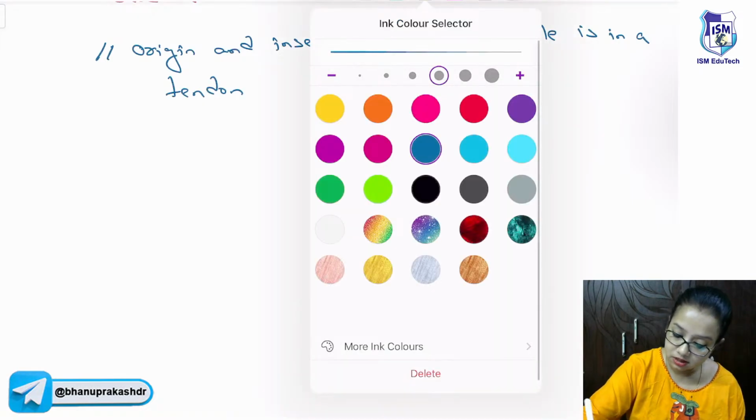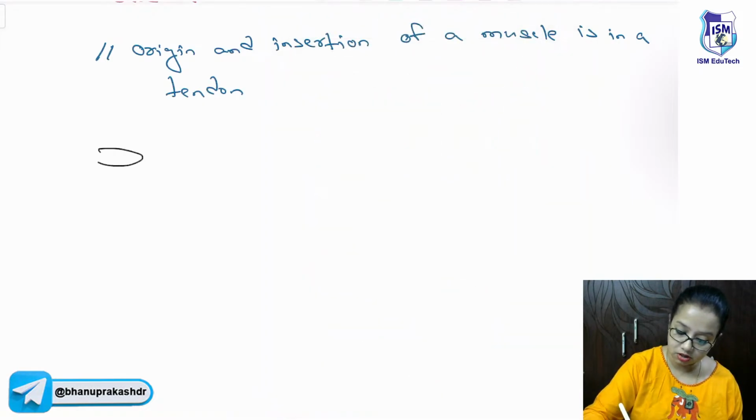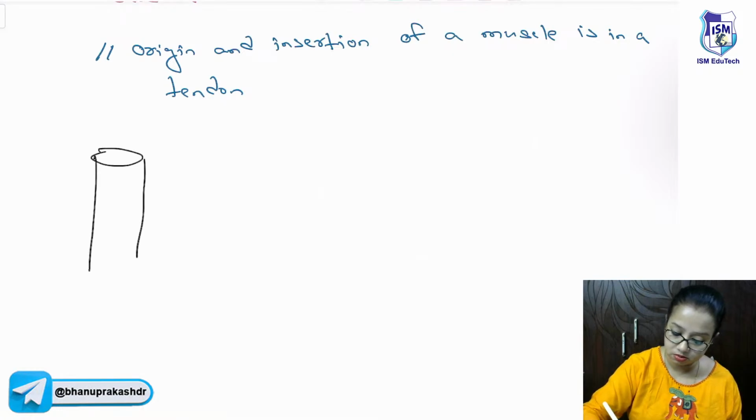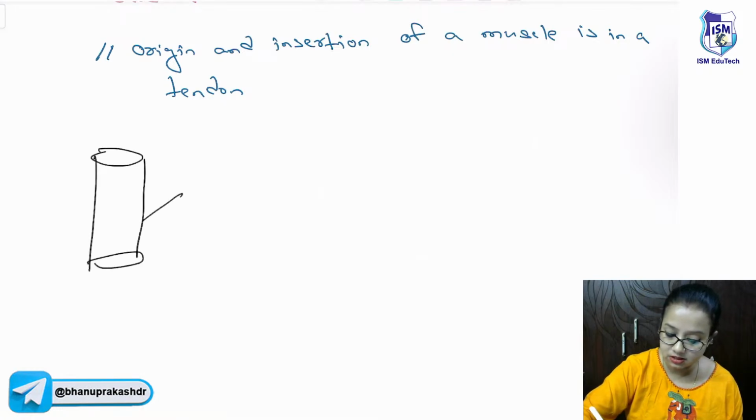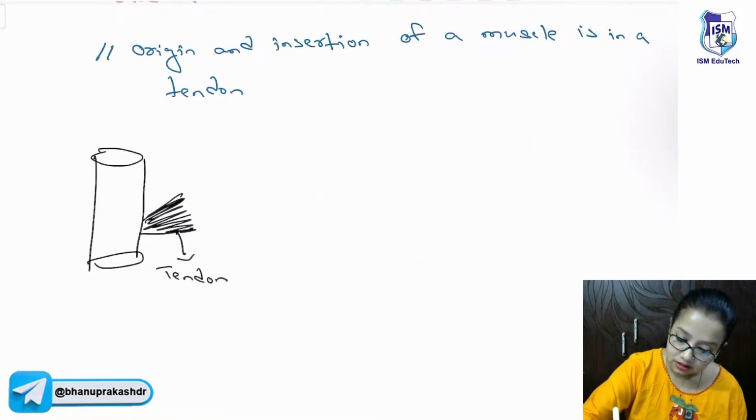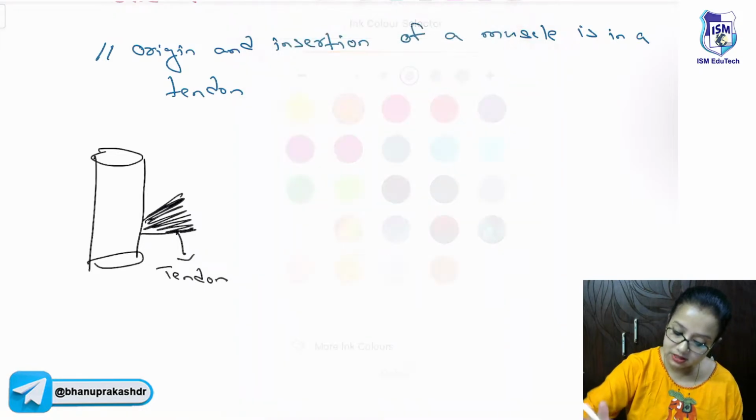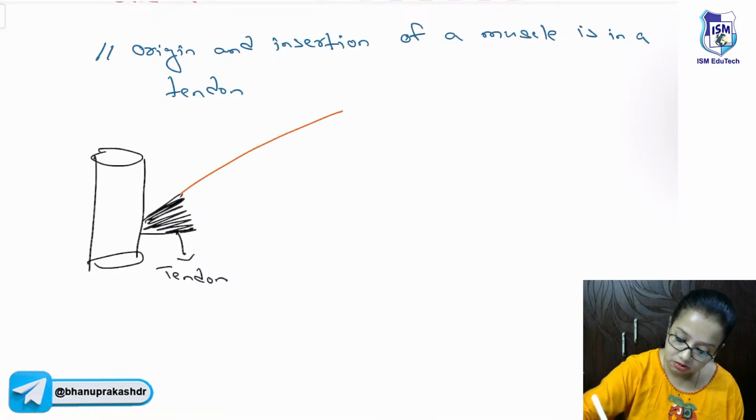So, if we draw this, say this is a bone and this is a tendon. Okay, this is a tendon. So, a skeletal muscle originates from the tendon.